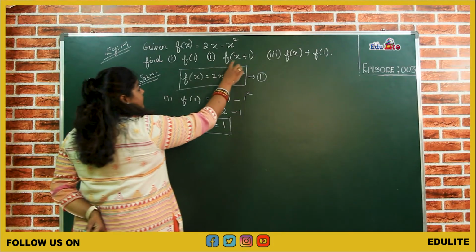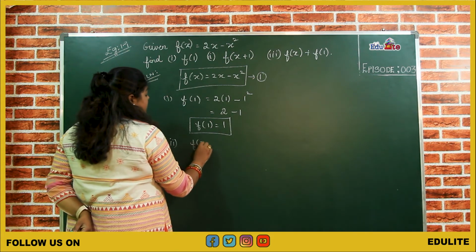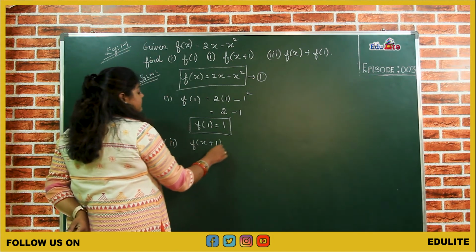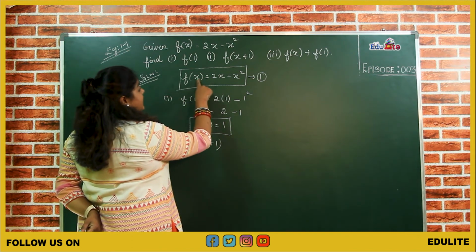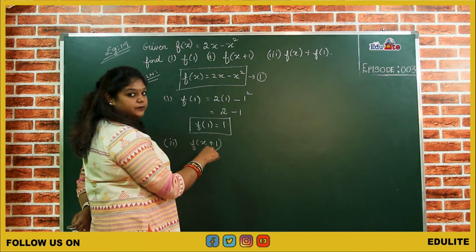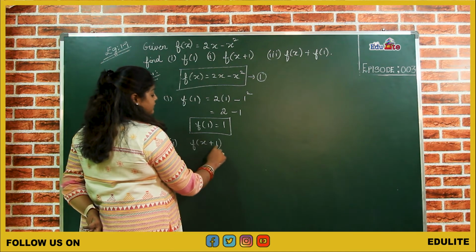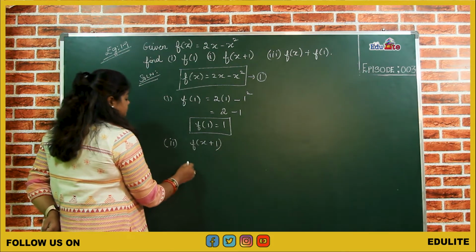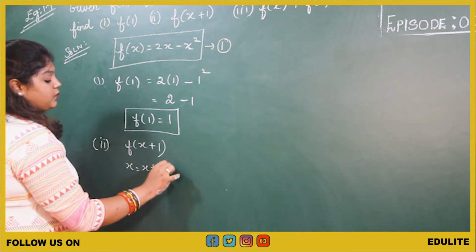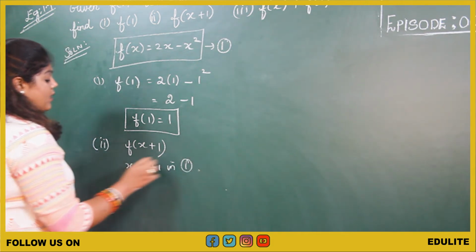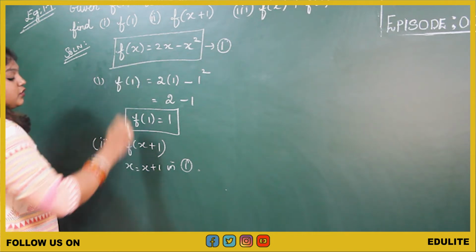Second subdivision is we have to find f of x plus 1. The same method we have to follow. We have to substitute x as x plus 1 because in this problem, in the place of x we are given x plus 1. Substitute x equals x plus 1 in equation 1. If I do so, what will I get?